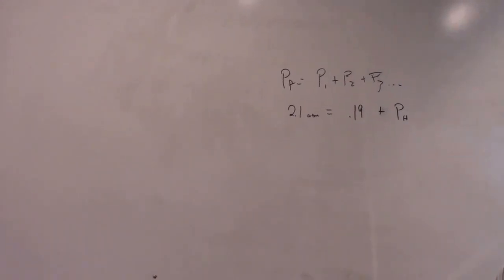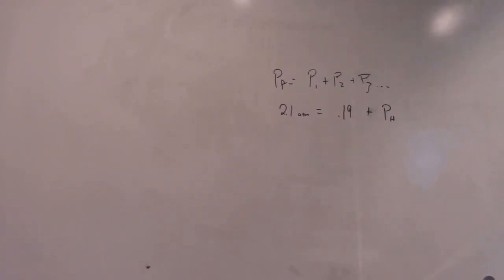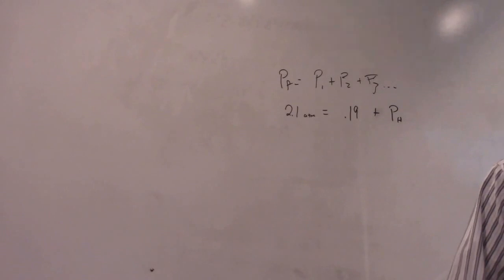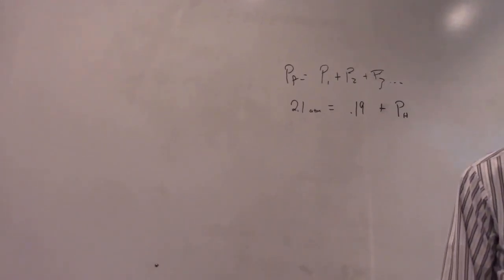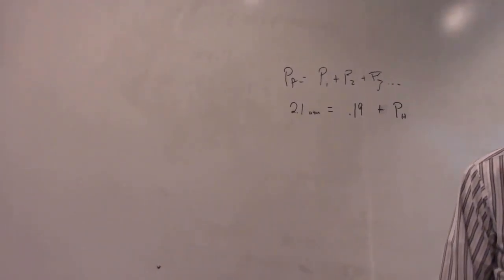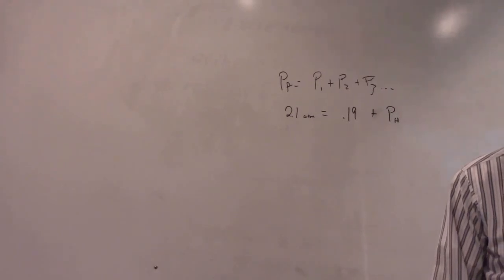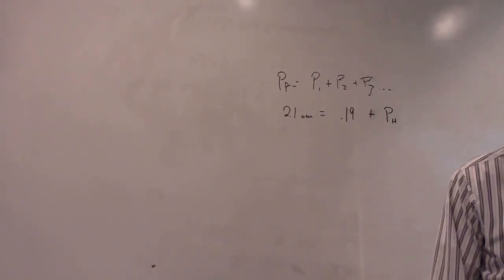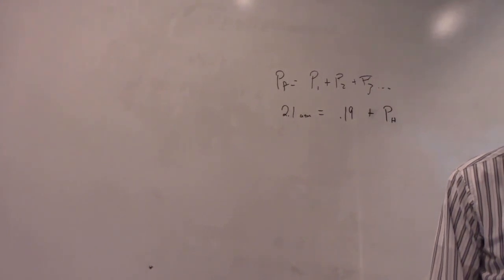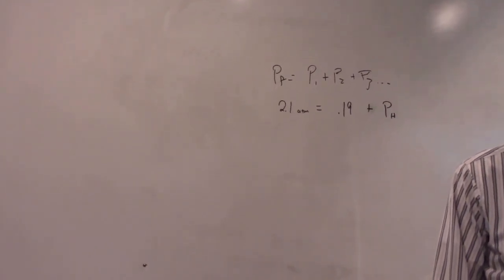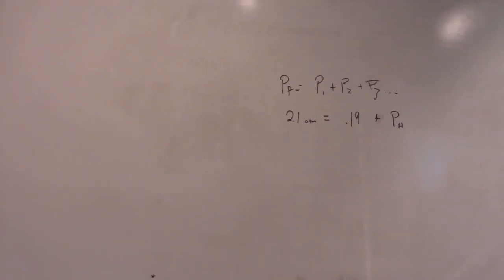where is my notebook? Oh, hey, wait, if you didn't give us an equation? The delta S equals S products minus S reactants. No, that's the equation for delta S. That's the only equation I have.